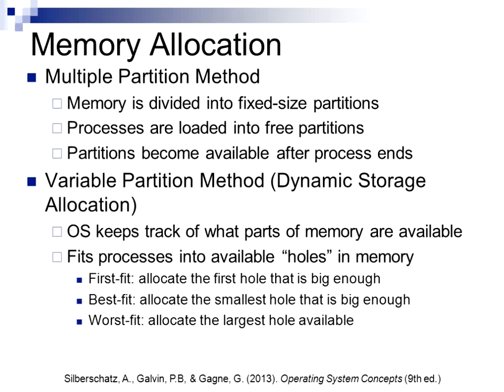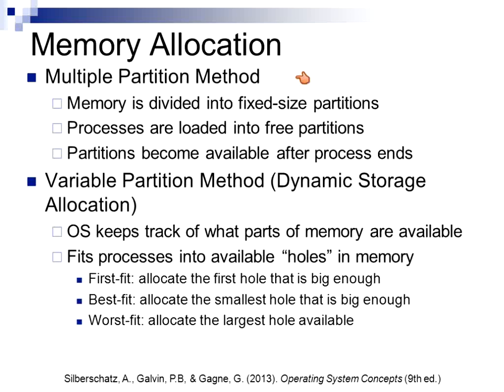Okay, so we know that things are going in and out of memory, and we have this virtual address space. And so I'm going to talk a little bit about how the system decides to allocate memory to a process. What usually happens is we have multiple partitions in memory.